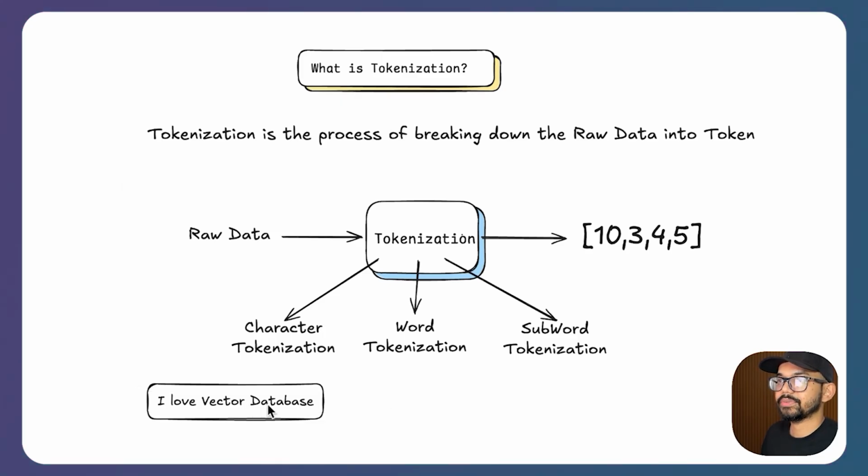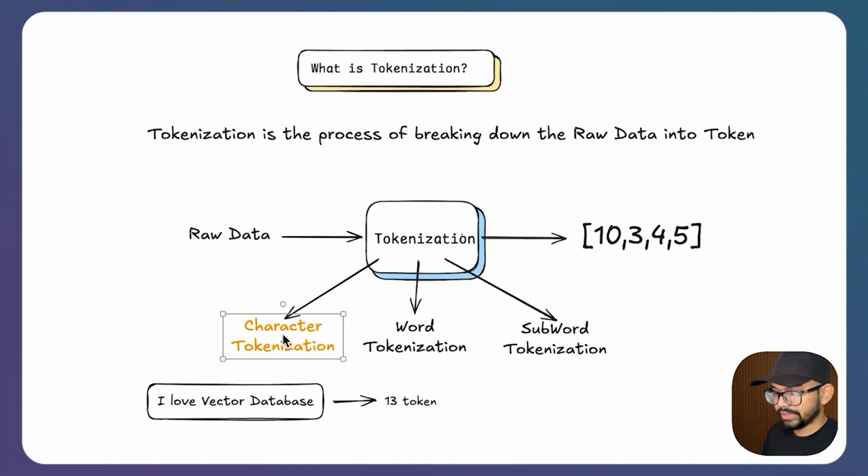How many characters do we have here? Some 13 unique characters, if you try to check that. So using the character tokenizer, you would get around 13 tokens.